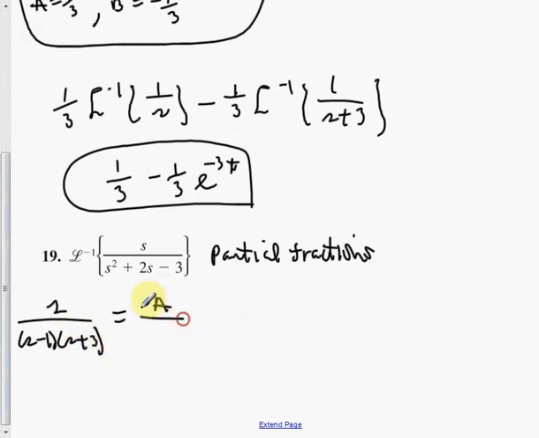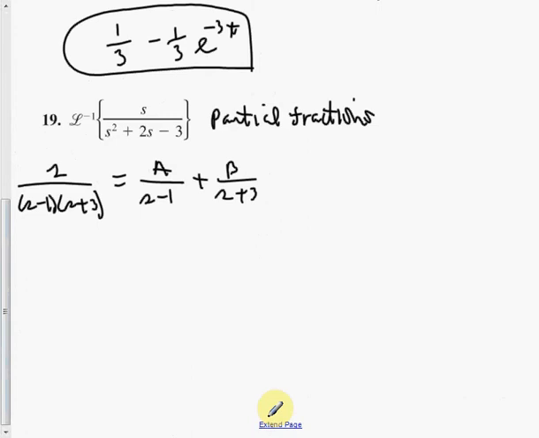So this is A over S minus 1 plus B over S plus 3. Multiply both sides by the LCD. This implies that S is equal to A times S plus 3 plus B times S minus 1.